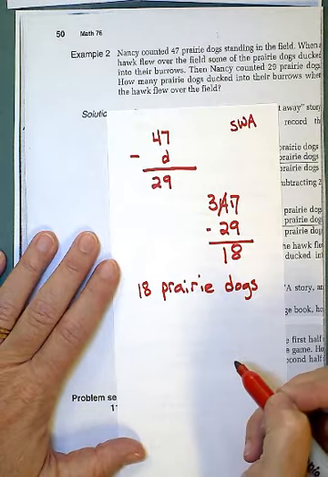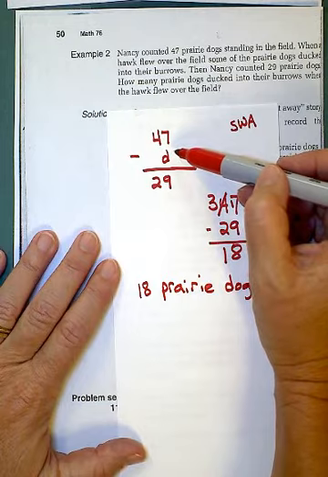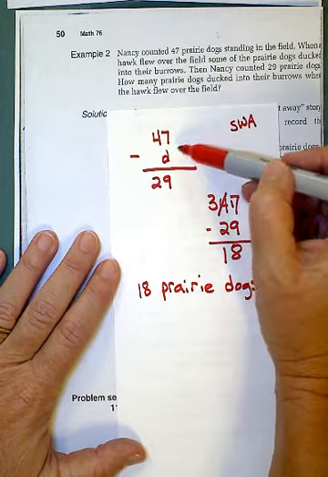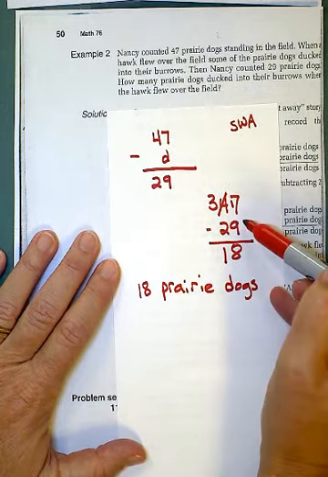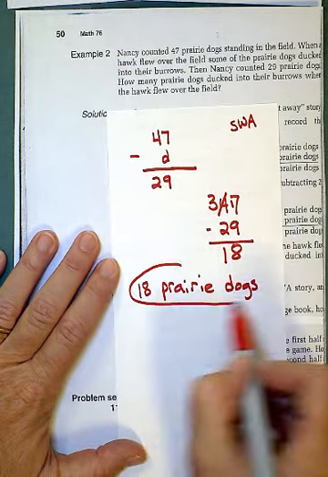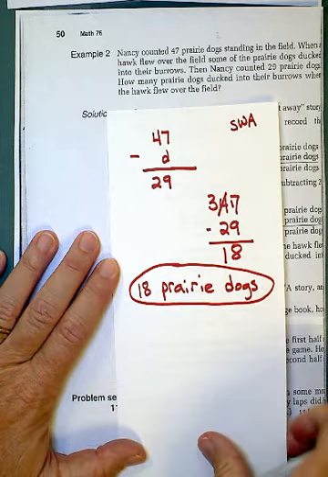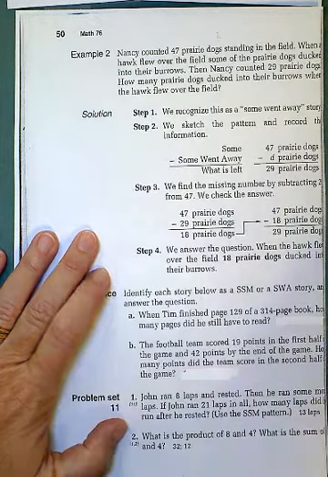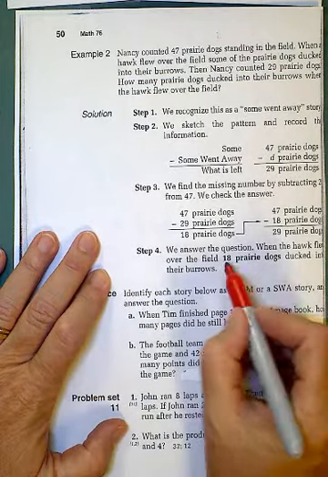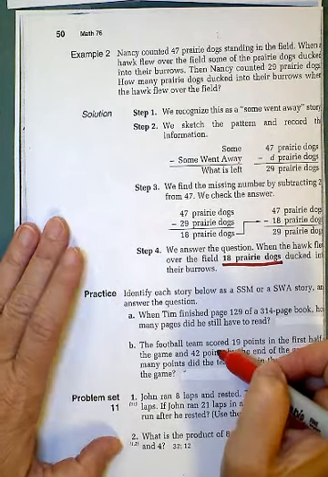Again, write the equation that matches the story problem, solve for your missing number, write out your answer, and give it a circle. And you'll see what we just did matches what was done in the book. So it's time for you to practice.